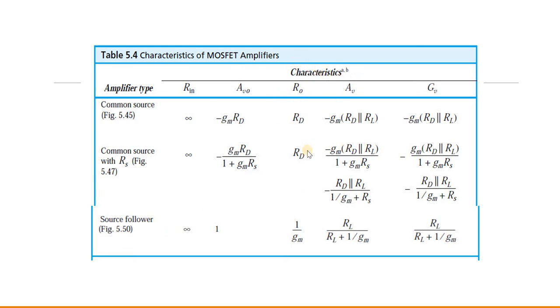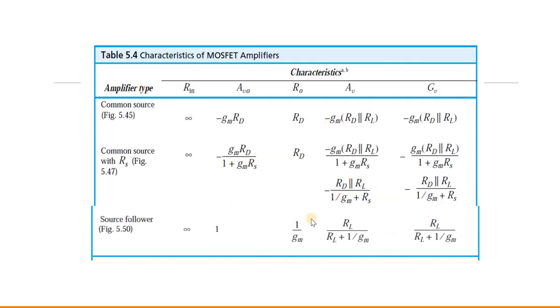So the output resistance is 1 over Gm, it is not equal to RD, it is 1 over Gm, and AV is RL divided by RL plus 1 over Gm. So how do we obtain the gain as 1? That is by considering the load resistance RL as infinite. If this is infinite, infinite by infinite is nothing but 1. So for AV, the formula you need to remember is RL divided by RL plus 1 over Gm, the overall voltage gain, and the output resistance is 1 by Gm. Open circuit voltage gain is 1.